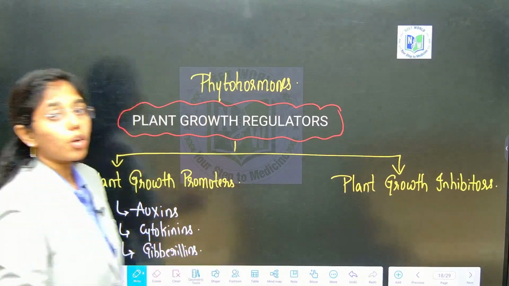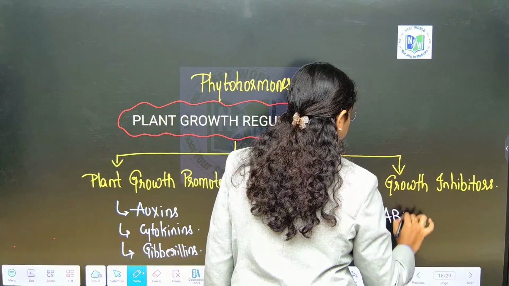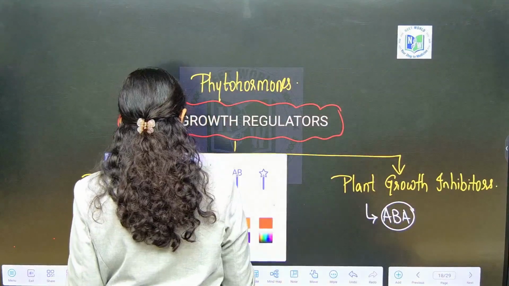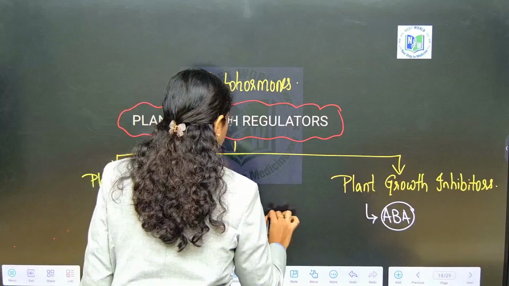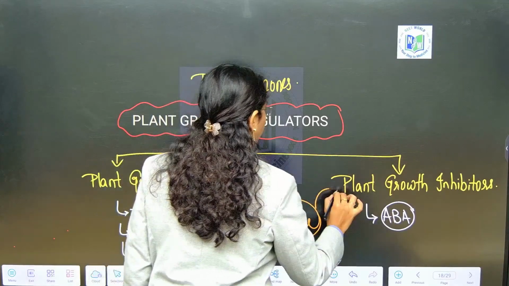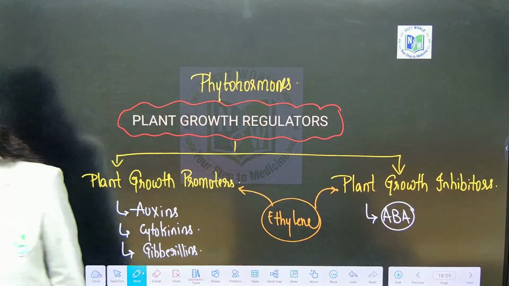And plant growth inhibitors are abscisic acid, ABA, and ethylene. If you see ethylene, it has dual functions, acting both as a plant growth promoter and a plant growth inhibitor.